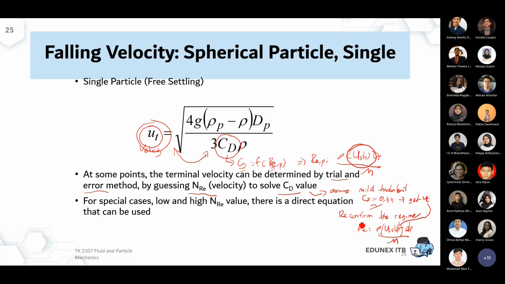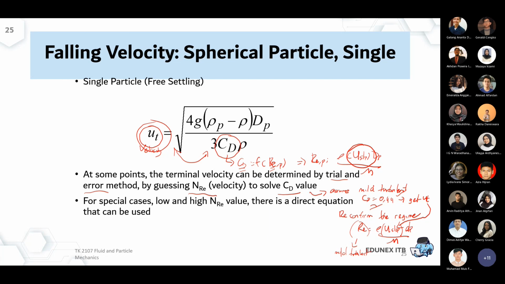Now you get your initial Reynolds number, and if it turns out that the Reynolds is in the mild turbulent regime, as we initially assumed, between 1 and a few thousand, then our initial assumption holds true, that it is correct for us to assume CD to be 0.44.